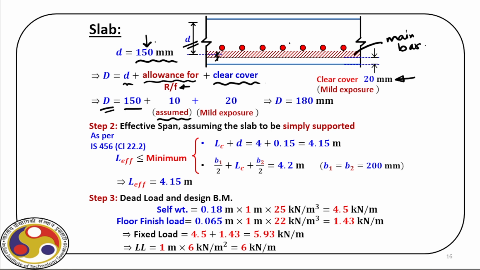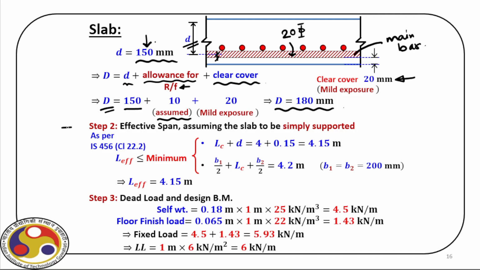That means we propose 20 bar along the main direction. Then for mild exposure, we have 20 millimeter. Effectively, total capital D is 180 millimeter. So now we have an idea of the total depth of the slab.